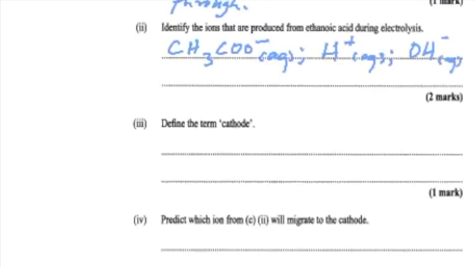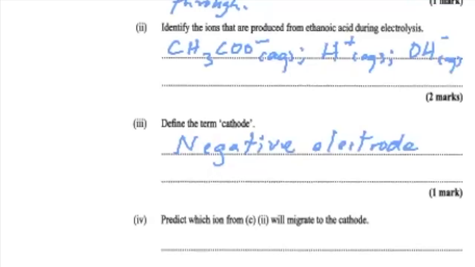Define the term cathode. So the cathode is the negative electrode, or the rod connected to the negative terminal of the battery, or the rod connected to the negative terminal of the power supply.